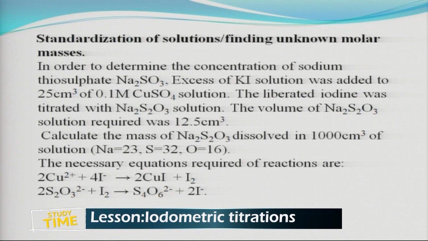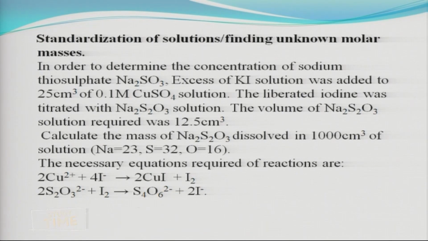But specifically, because we have iodine and thiosulfate, we can call it iodometric or thiosulfate titration. The first thing we are going to do is standardize this thiosulfate. We are going to look at some of the things we can use to standardize thiosulfate, but this time we are using copper sulfate.